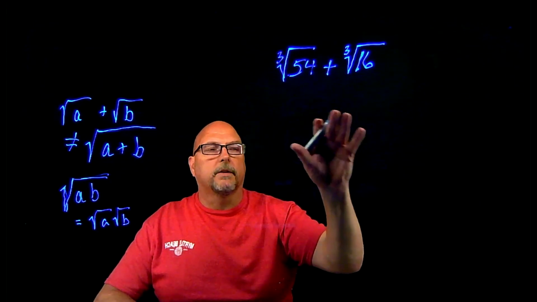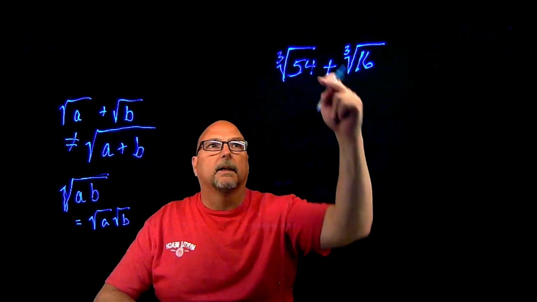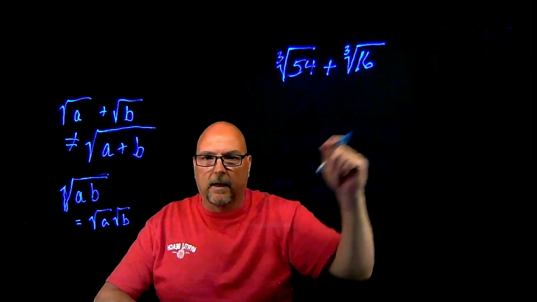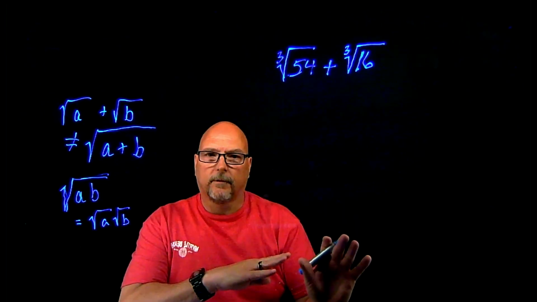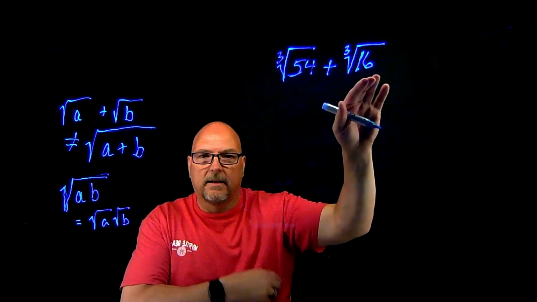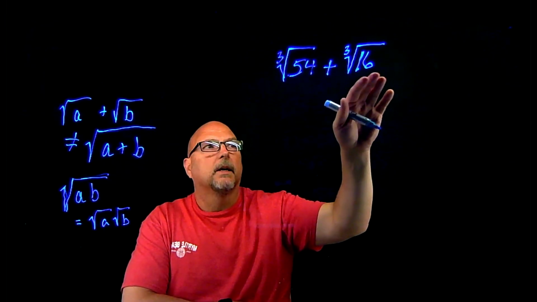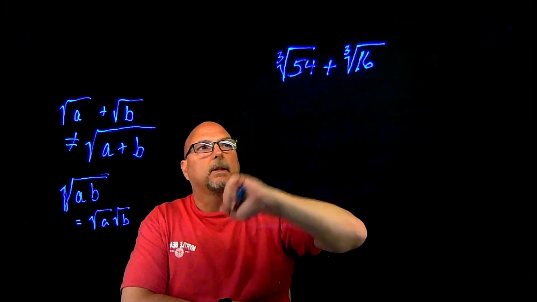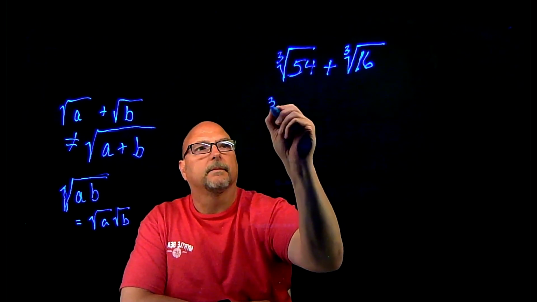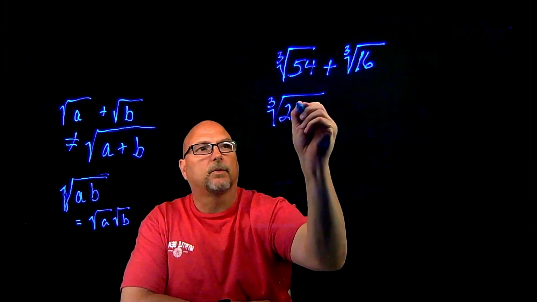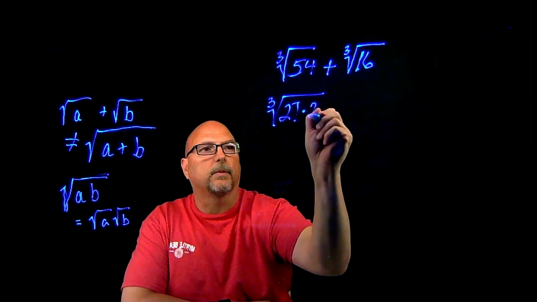Example number 2 here, this is a similar example, except that notice now we have cube roots, not square roots. So where before we were looking for factors of the radicand that were perfect squares, now we're going to look for perfect cubes. So let's see. I can rewrite 54 as 27 times 2.